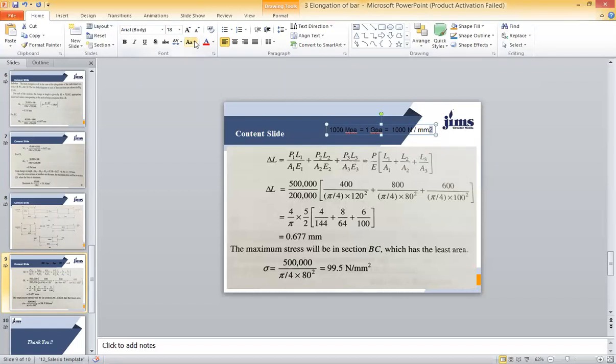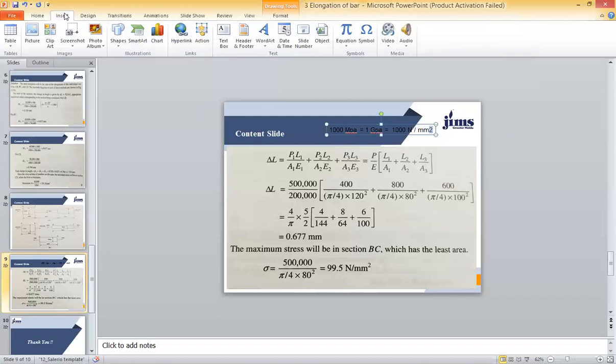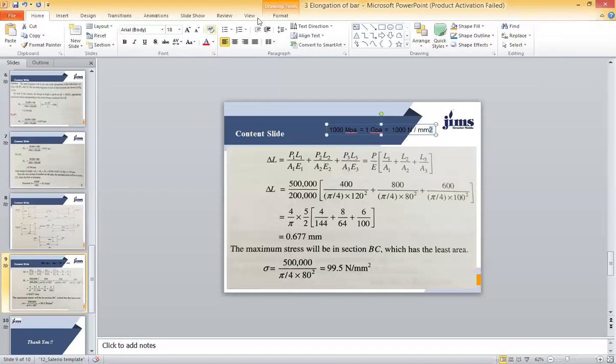So you have to remember that 1 megapascal is equal to 1 Newton per mm square.